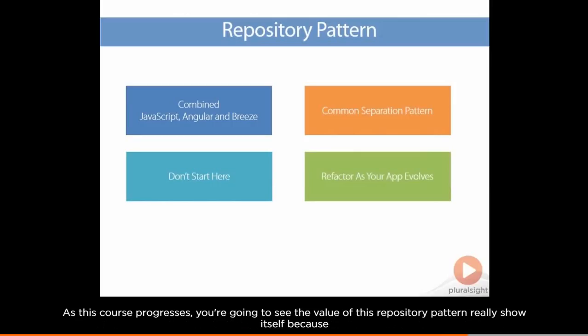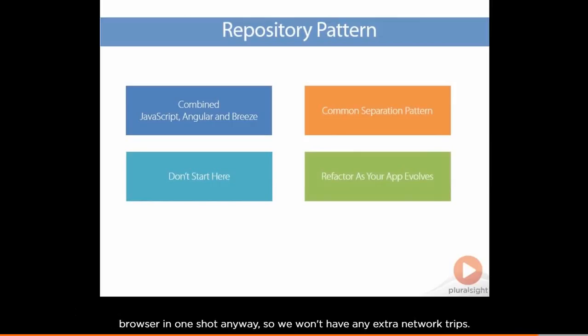And as this course progresses, you're going to see the value of this repository pattern really show itself. Because our code will be easier to maintain, and as far as the controllers go, it's just as easy to code against it. And when we're ready to go to production, we'll minify and bundle all these files and just send them up to the browser in one shot anyway. So we won't have any extra network trips. And this is a very common and powerful way to refactor your application.